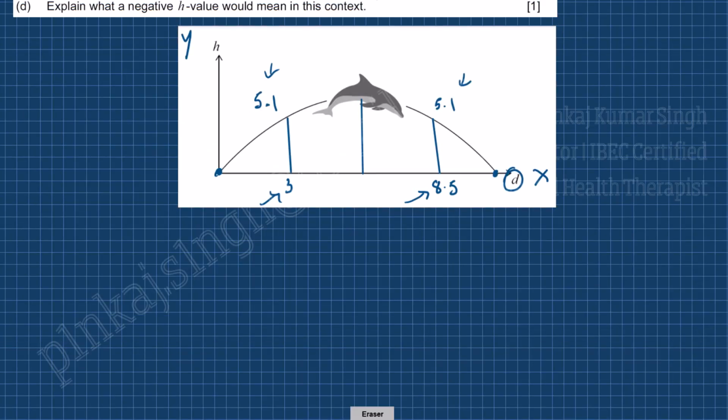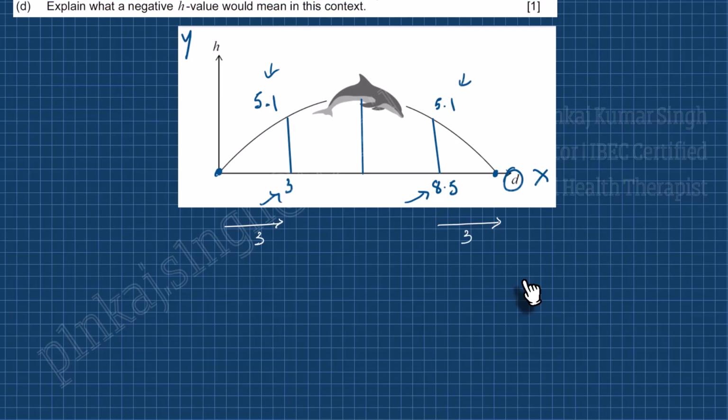Let's see. If I choose the distance from the origin as 3, and because it's a quadratic function, I also know that the symmetrical value for 3 is 8.5. And therefore, from 8.5 to the point where it is touching the x-axis again, which is the water in this case, that distance is also 3.